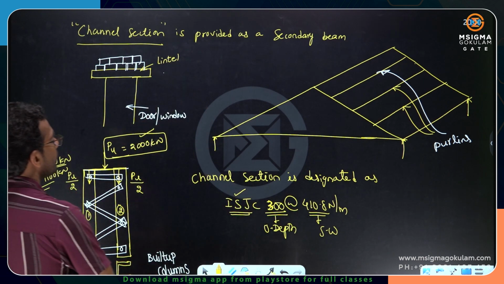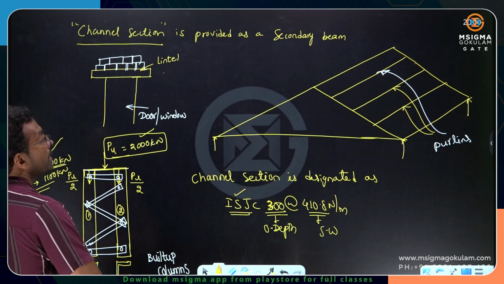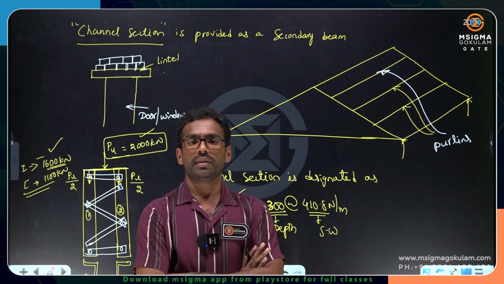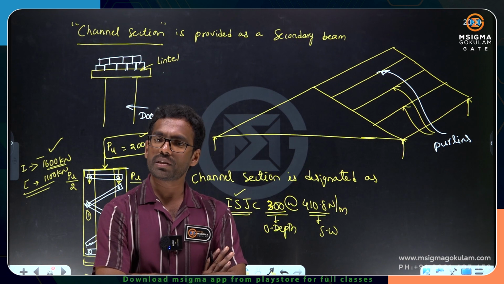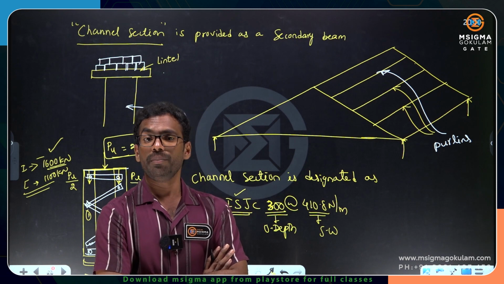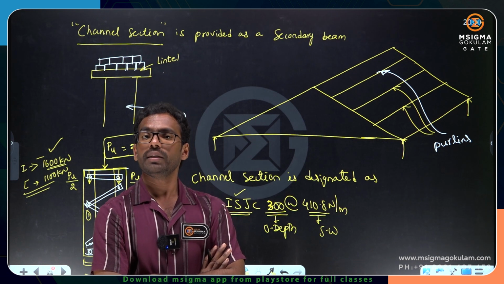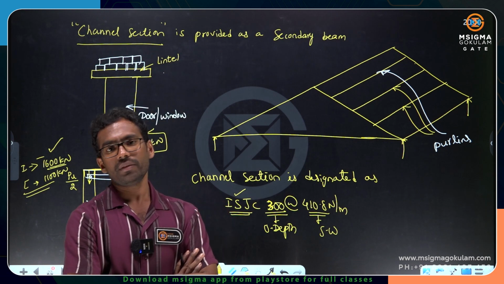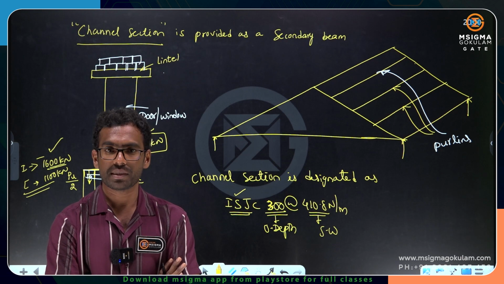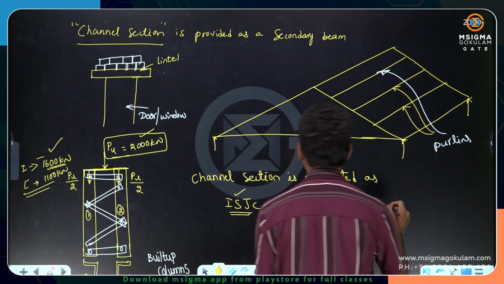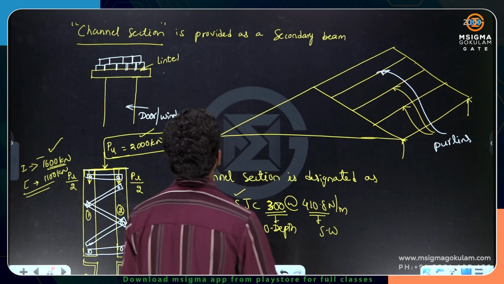Hope it is clear to everyone. How many channel sections are there? 5 channel sections are there: junior channel, light channel, medium channel with parallel flanges, medium channel with sloping flanges, and gate channel. So these are the 5 different types of channel sections we have. If you want, I will write here. What are the types of channel sections we have?